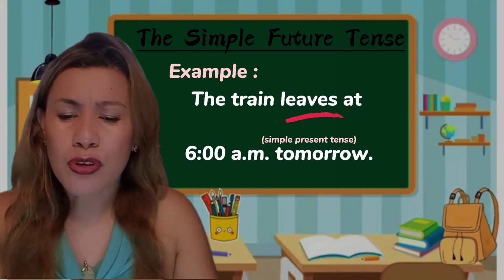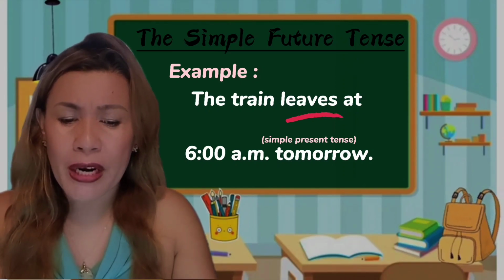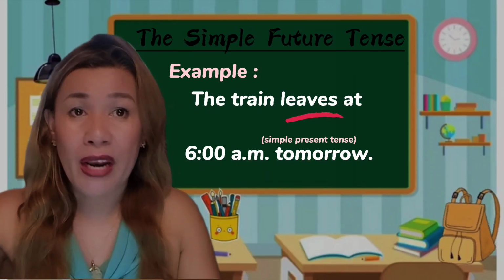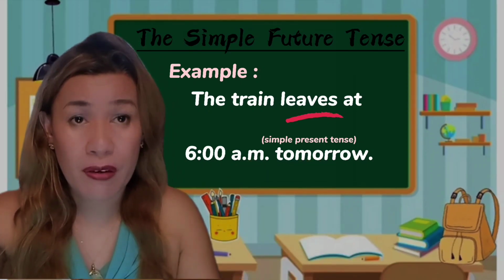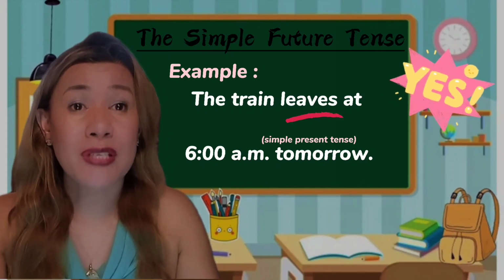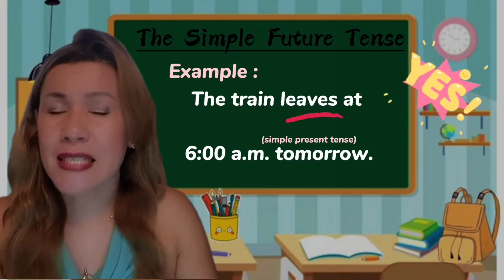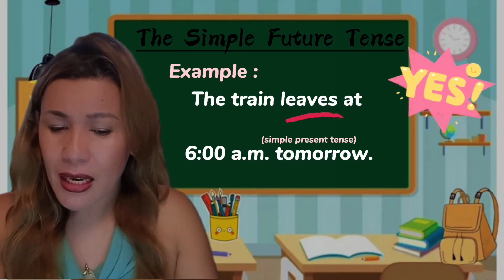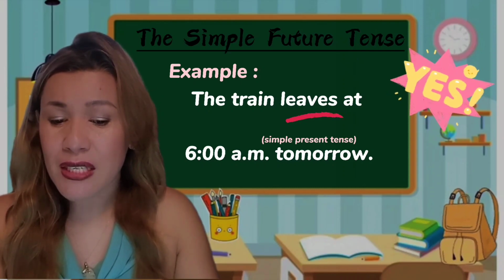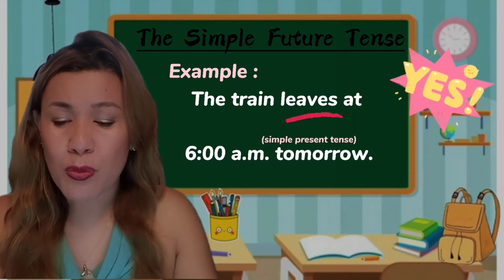Am I allowed to use simple present when I mean the action is yet to happen? Meaning when I have a future event? The answer is yes, so long as your sentence involves schedule. So in this case, it involves schedule. So the train leaves at 6 in the morning tomorrow.